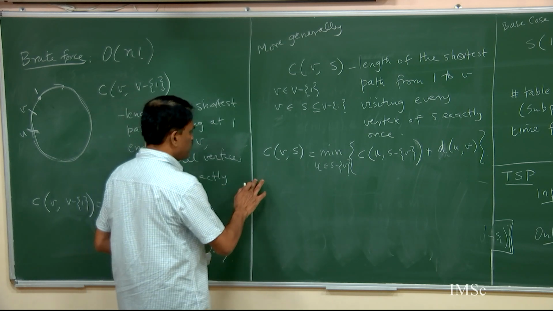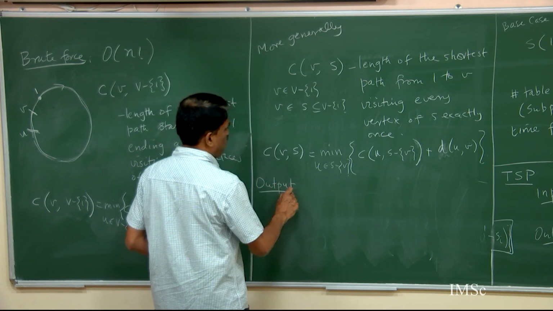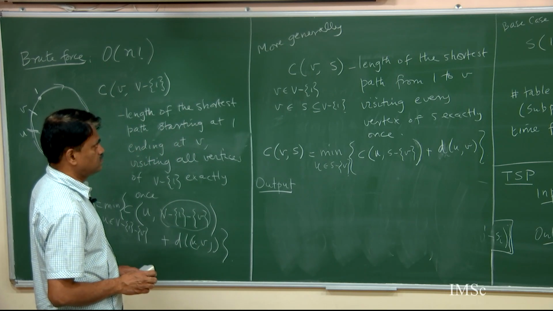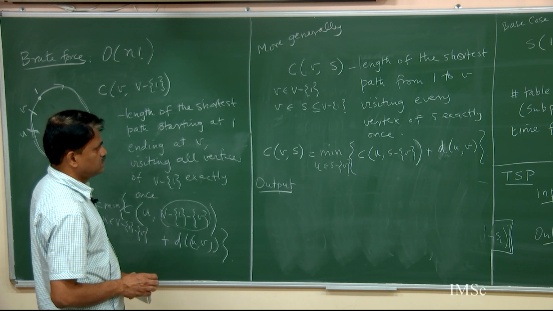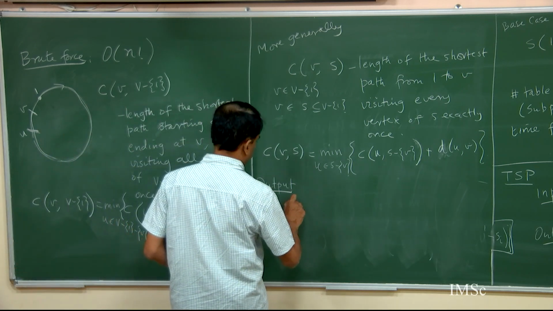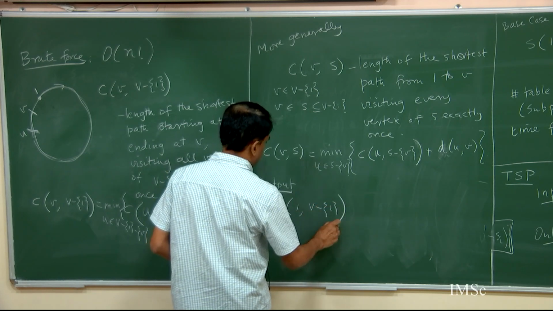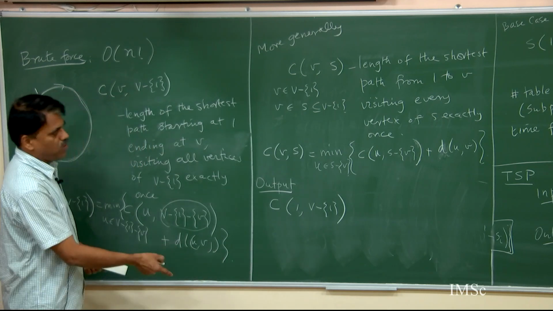So what is my output? What do I want? Start at 1, visit every vertex of V minus 1 exactly once, and end at 1.